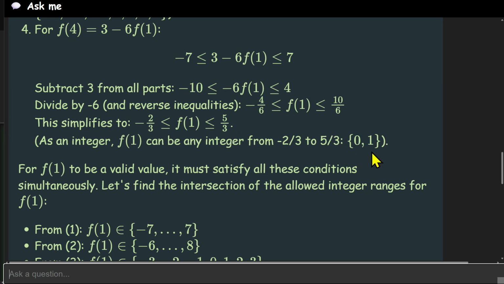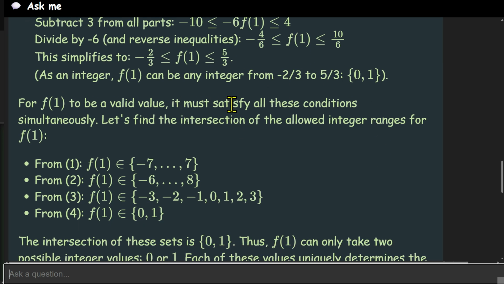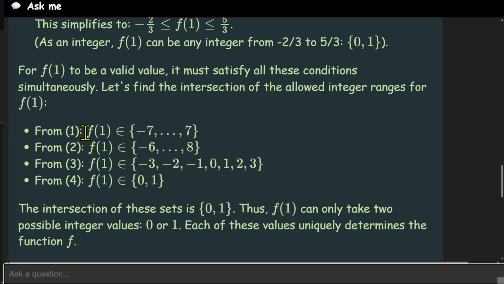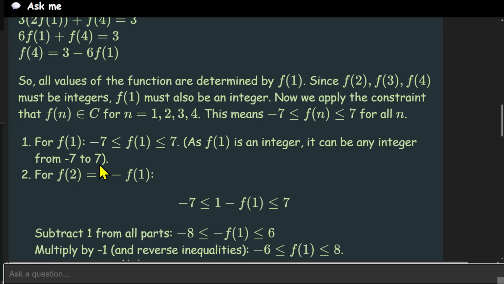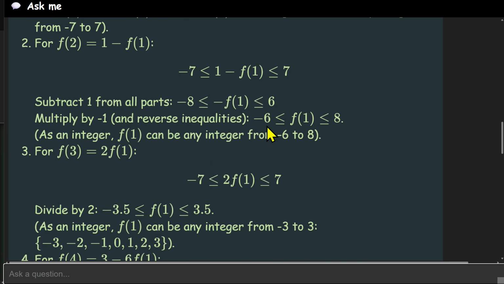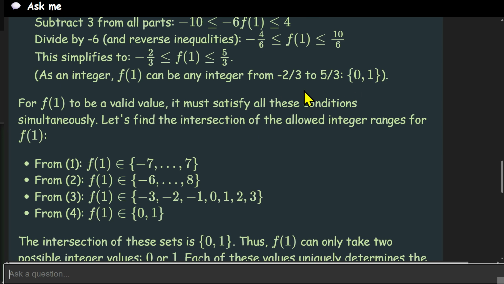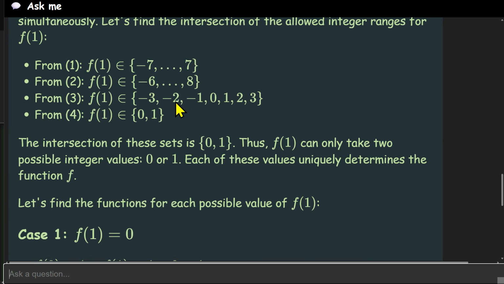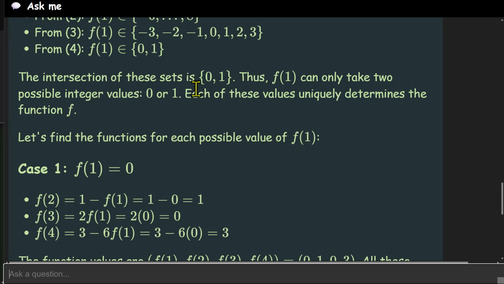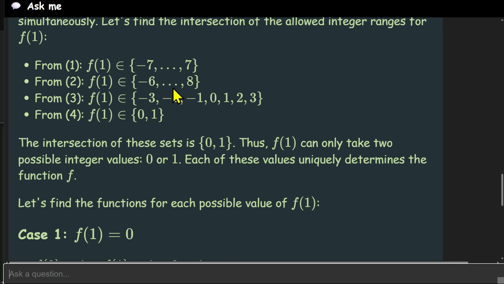For f of 1 to be valid, it must satisfy all the conditions simultaneously. Let's find the intersection of the allowed integer ranges. From the first, f of 1 belongs to -7 to 7; from the second, -6 to 8; then -3 to 3; then 0 and 1. The intersection of these is 0 and 1.